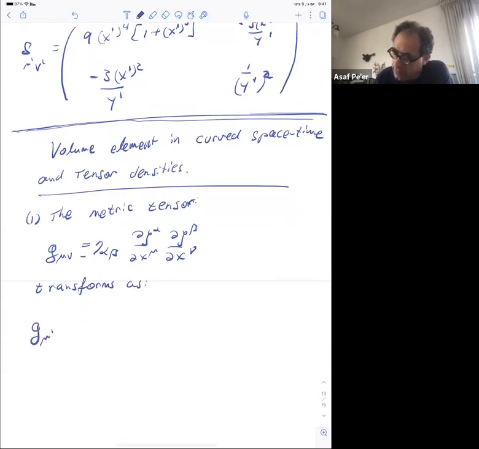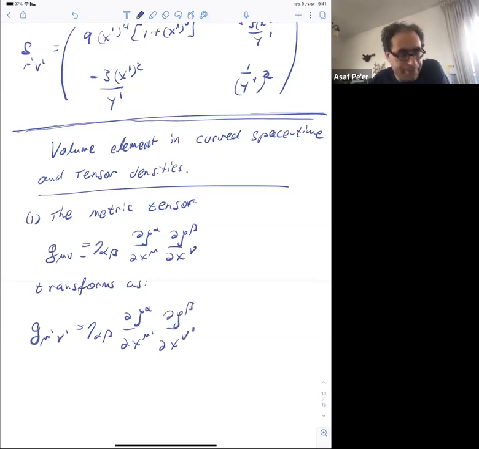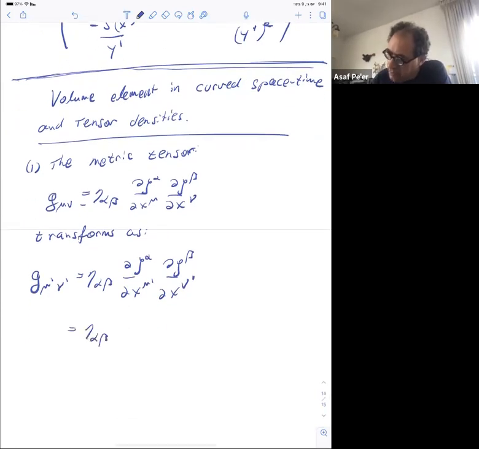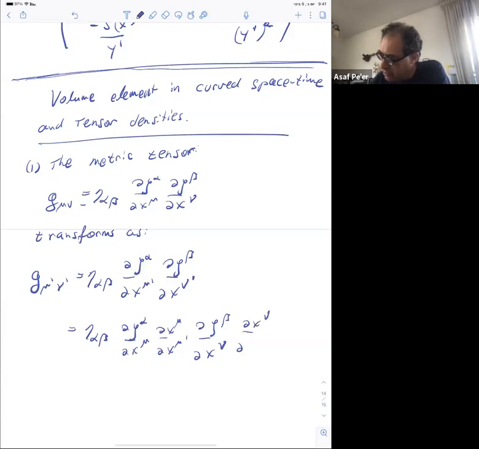g_μ'ν' is just η_αβ ∂ψ^α/∂x^μ' ∂ψ^β/∂x^ν'. I can write it down as η_αβ ∂ψ^α/∂x^μ ∂x^μ/∂x^μ' ∂ψ^β/∂x^ν ∂x^ν/∂x^ν'. Right? There are three sets of coordinates, so don't mix them.